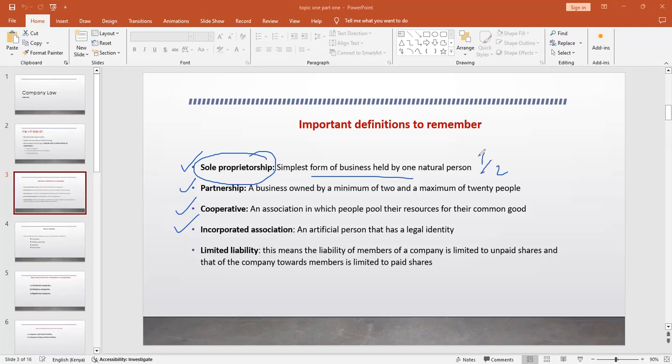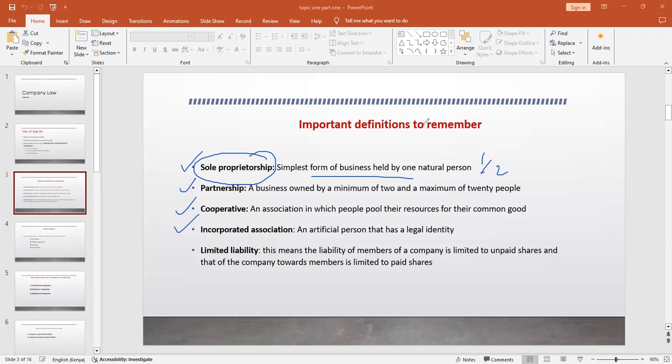He may have to fund it himself. In terms of liability, in case his business goes bankrupt, the bank or whoever has funded him will go after himself and his other properties. Right. So there's that.